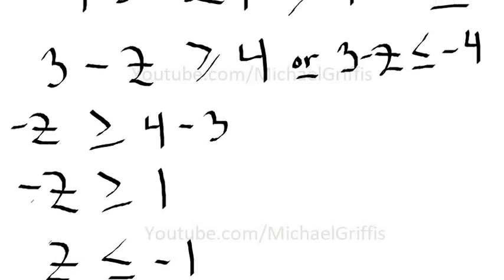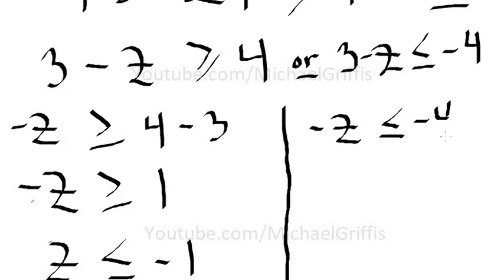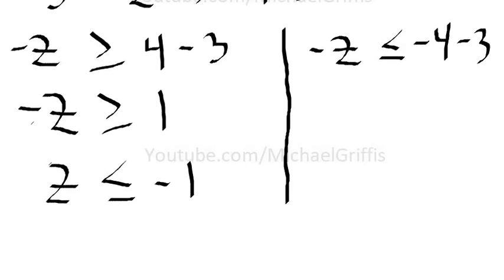Now let's take a look at the right side. If you don't mind, I'm just going to draw a divider down through here. So we have negative z is less than or equal to. Now we're going to subtract 3 from both sides, once again. And so now we're left with negative z is less than or equal to negative 7.